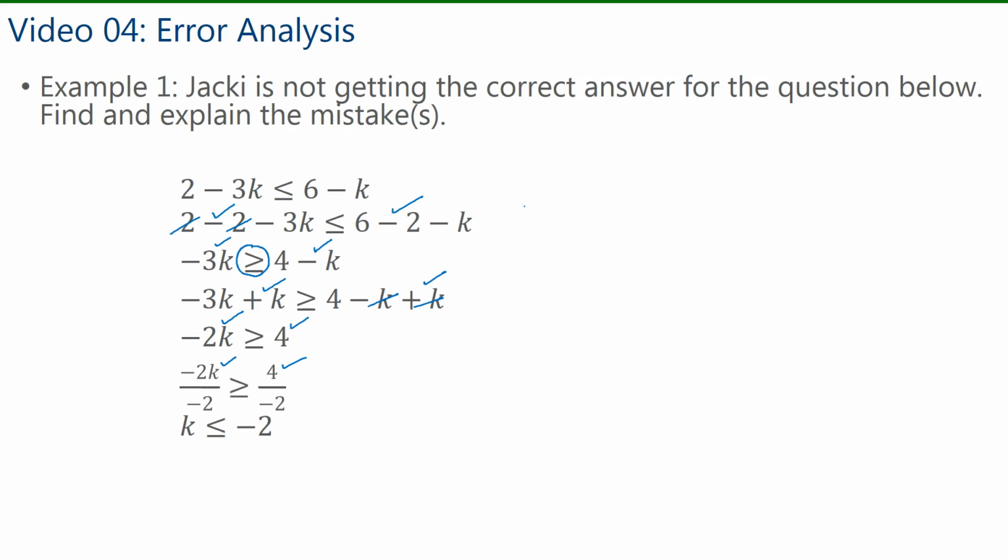So now I'll take note that Jackie switched the sign when she subtracted 2 from both sides.